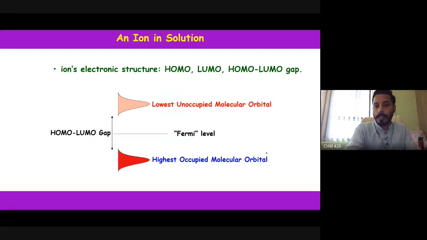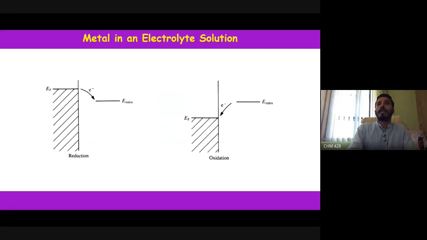And when you dip the metal into the solution containing ions, there are two possibilities. The first possibility is on the left-hand side. The Fermi level of the metal is higher than the Fermi level of the solution species on the right-hand side.